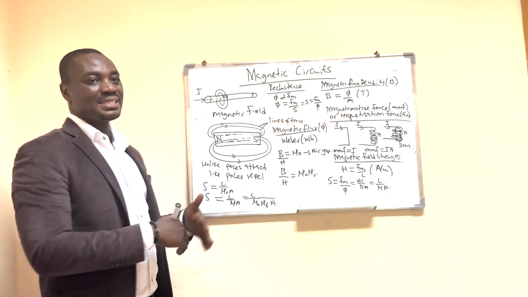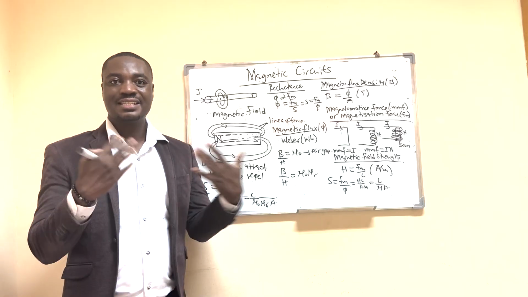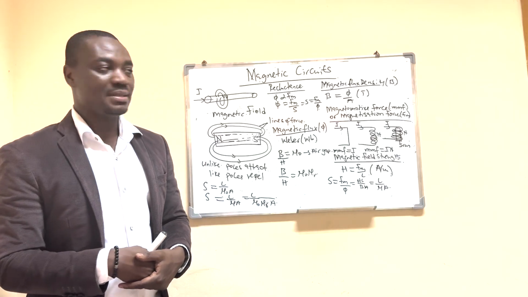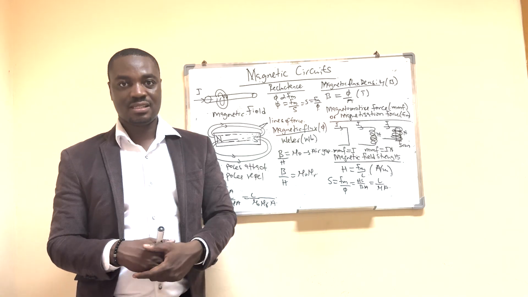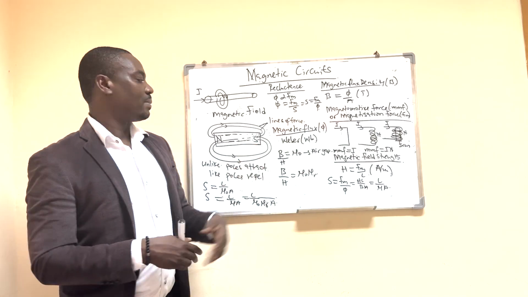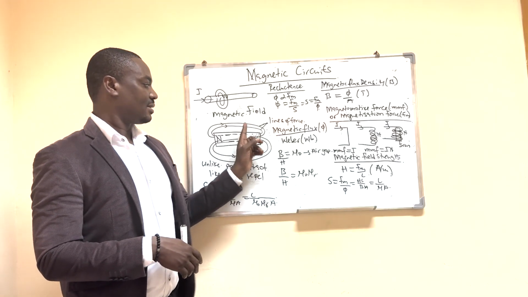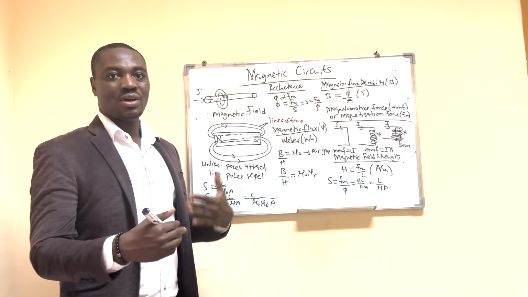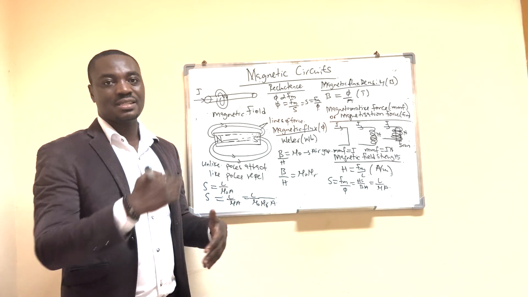And with our magnetic flux, we can also get another important parameter, which is magnetic flux density. Imagine that you place a surface in the magnetic field, and you have these lines of force or magnetic flux passing through the surface.